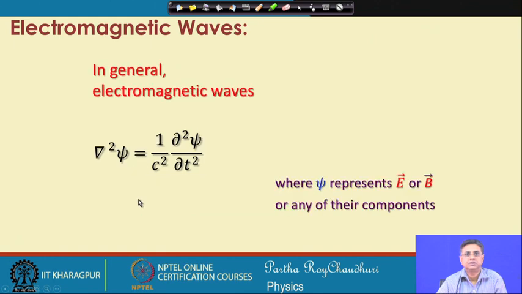Now, from this set of two equations, as we have seen earlier, it can be put into a general and compact form using psi, where this psi represents E or B fields or any of the components. So, it could be a vector wave equation or it could be a scalar wave equation.